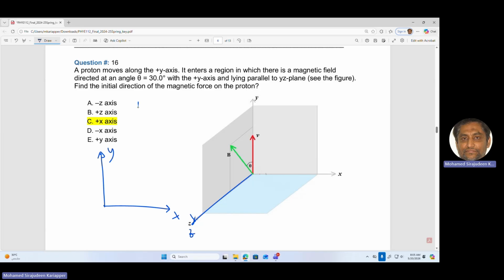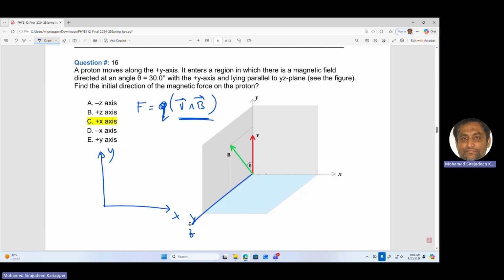The equation is the magnetic force is Q V cross B. So we need to get the direction of this. Then if Q is positive, fine. If Q is negative, whatever the direction we get for V cross B, I have to flip it by 180 degrees. Okay, you know that.